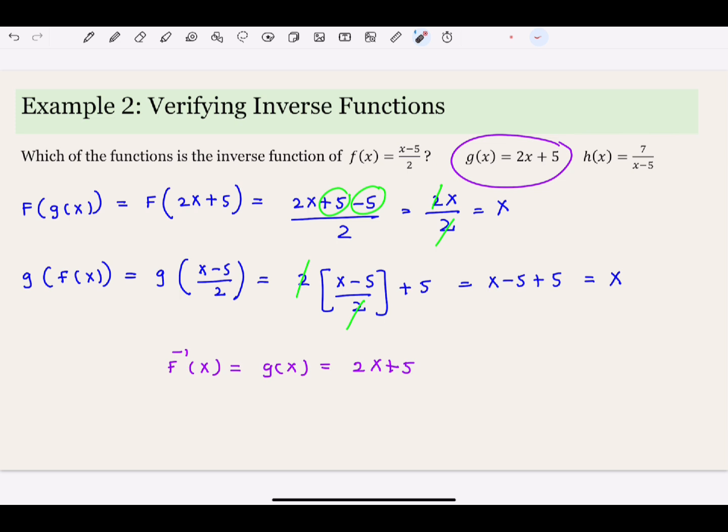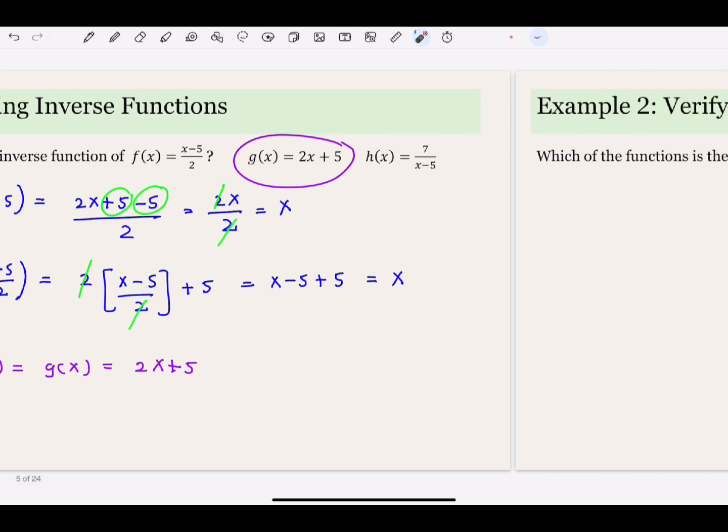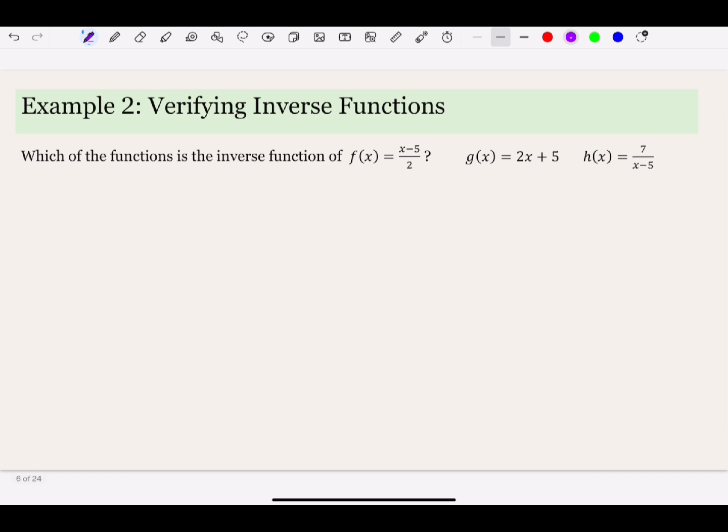So it seems like this is the answer, but we have another function to test. So let's quickly test whether this is inverse or not. Here also I'm going to take the composition of f and h. So let's replace the h function, x minus 5. So f of x is x over 2.